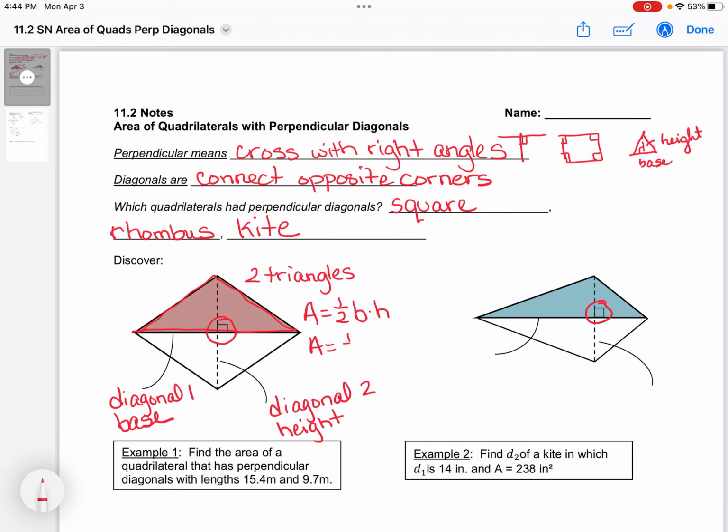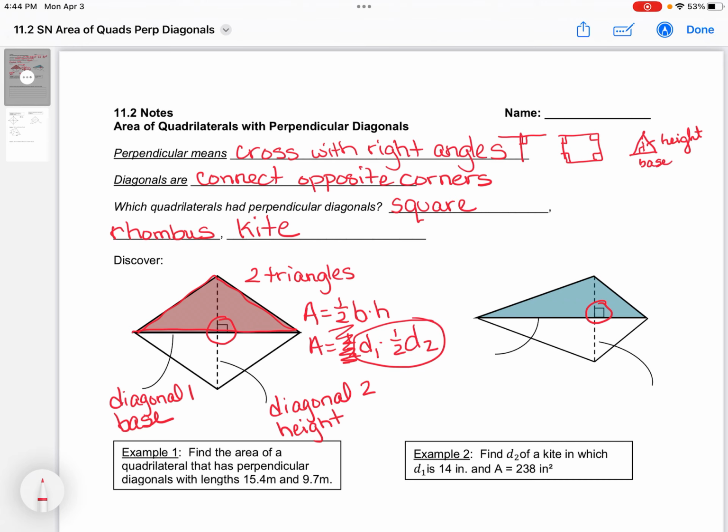But remember, our base is diagonal 1, and the height is 1/2 of diagonal 2. But remember, there's two of them, so I can cross this half out, but I'm still left with a half.